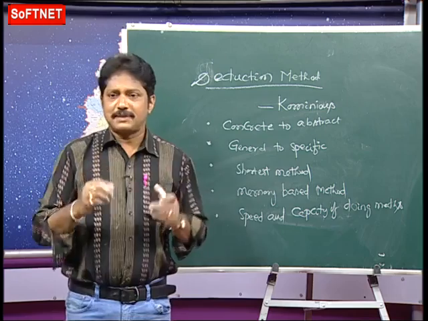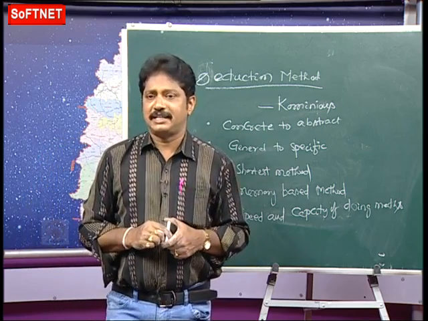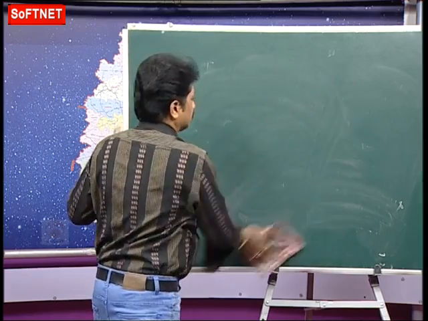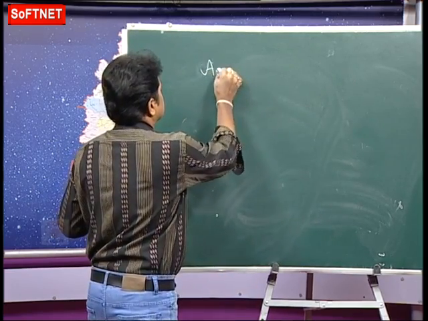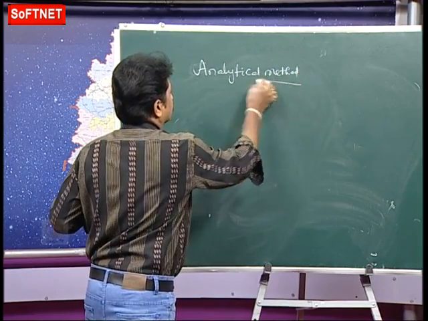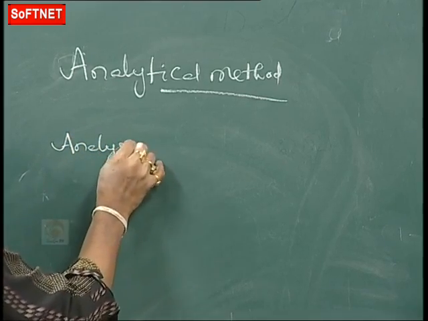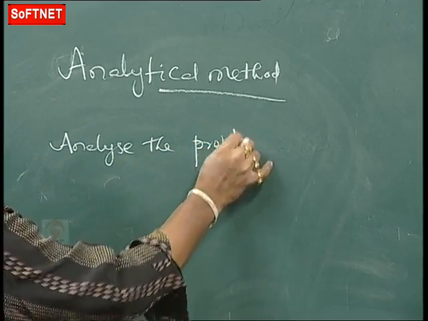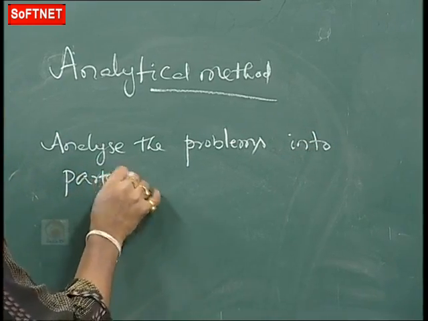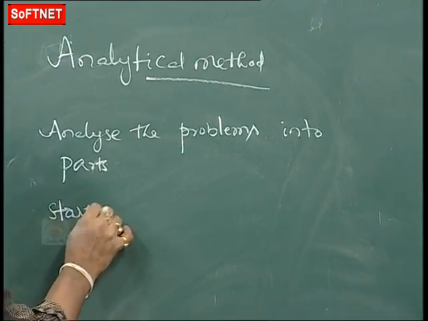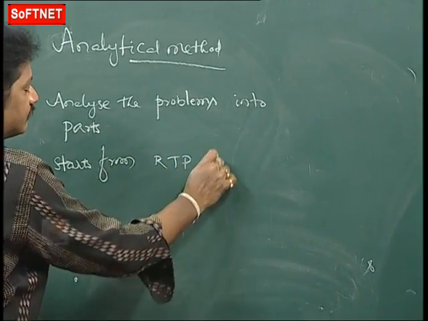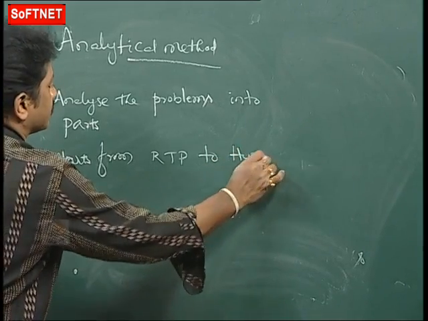Okay. So, I will explain with one problem what an analytical problem is like. Just observe it. It is an analytical method. Analyze the problem into parts. It starts from RTP to hypothesis.